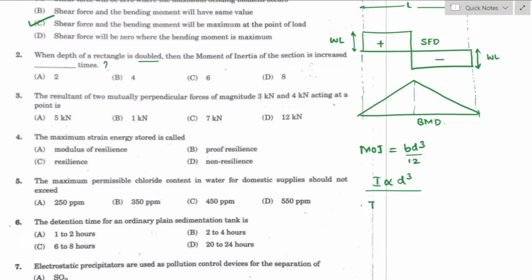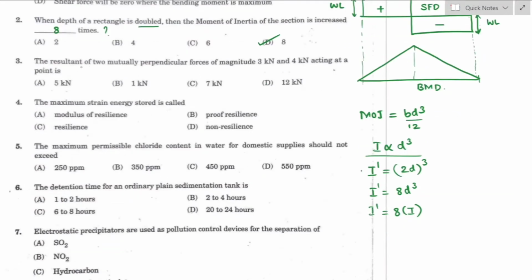When the depth is doubled, the new moment of inertia will be B times (2D) cubed, so 8 B D cube. Initially the moment of inertia is I, so it becomes 8 I. So when the depth of the rectangle is doubled, the moment of inertia of the section is increased by 8 times. So option D is the right answer.